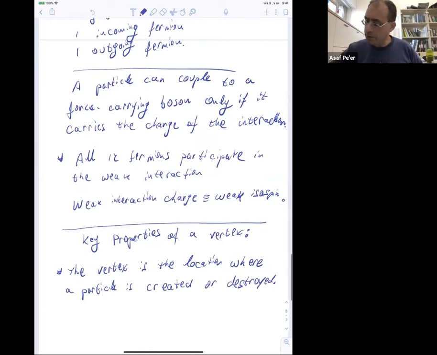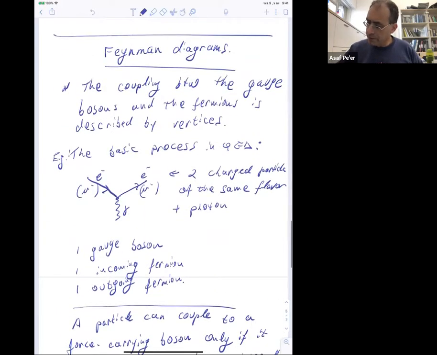So, one way to think of that, for example, we said we have an electron which has a four-momentum P1 mu, and at the vertex, this electron is being destroyed, and a new electron with a different momentum, P2 mu, is created.